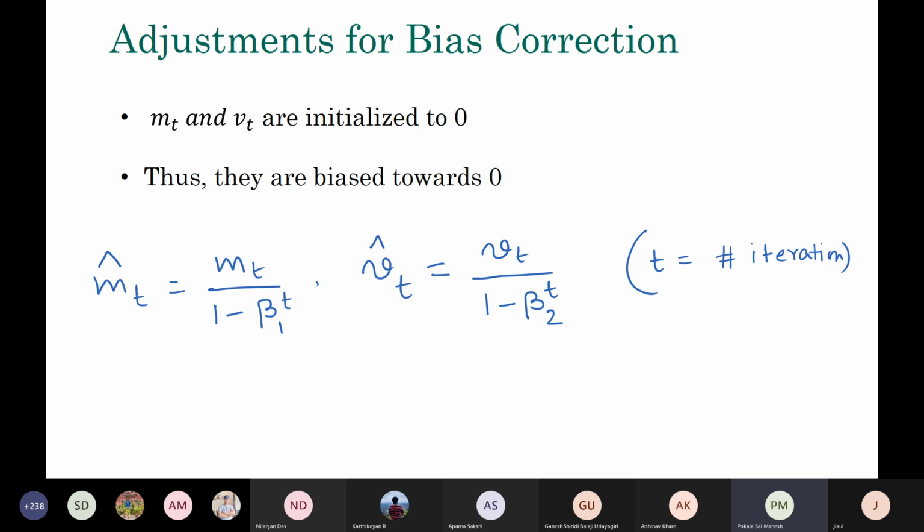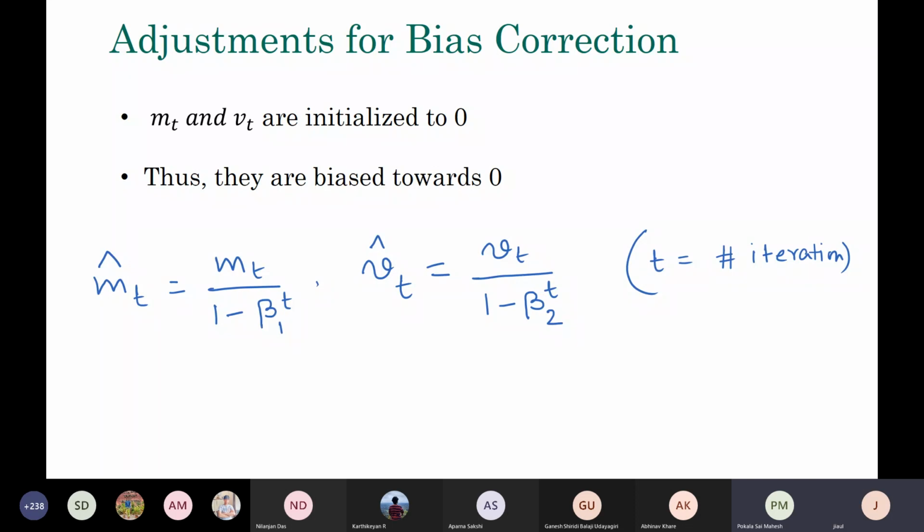Sir, I understood that in the starting we'll be biased towards the origin, the 0 point. But why are we adjusting it? You are adjusting it simply because as you are moving forward in your iterations, you are updating your gradients and there are lots of updates in the gradients.